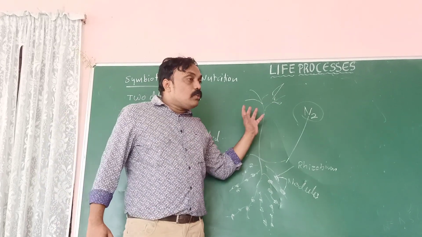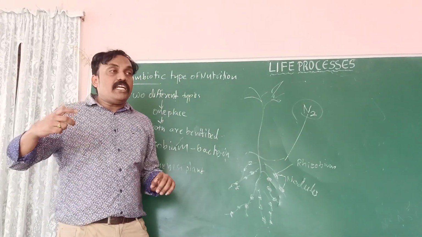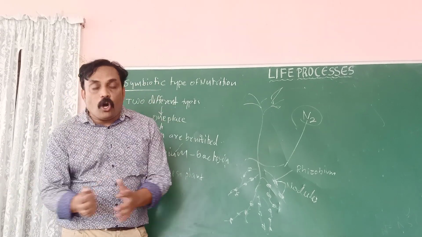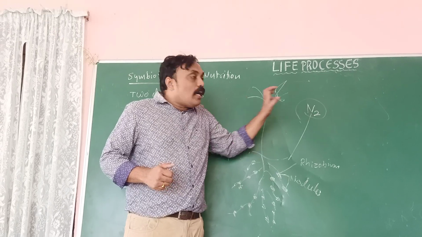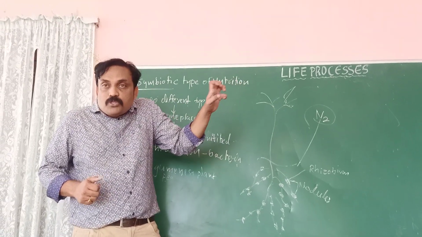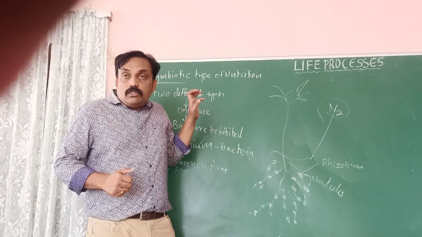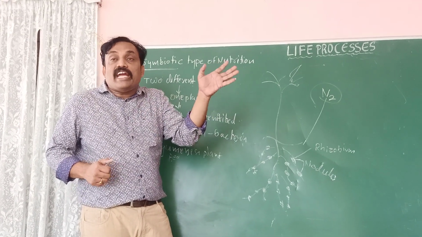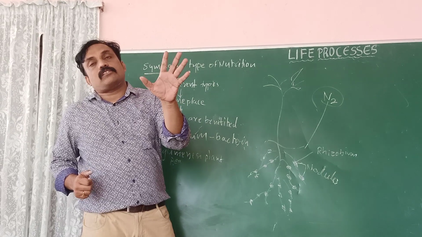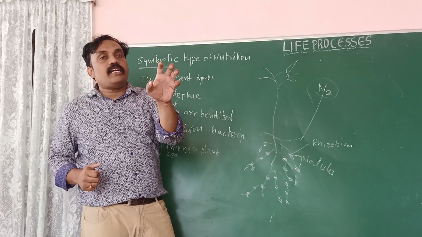But it is not absorbed directly. In the atmosphere, 78% is nitrogen, but that nitrogen is not directly useful to the plant. Plants do not absorb nitrogen directly. Atmospheric nitrogen needs to change into nitrates and nitrites, and they absorb only nitrates and nitrites.